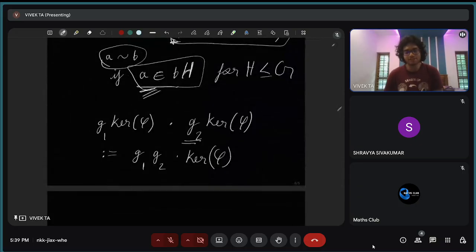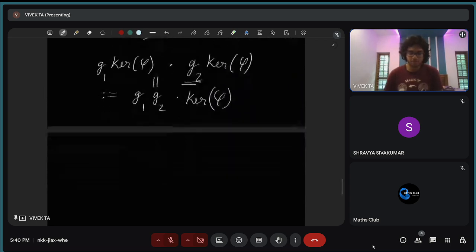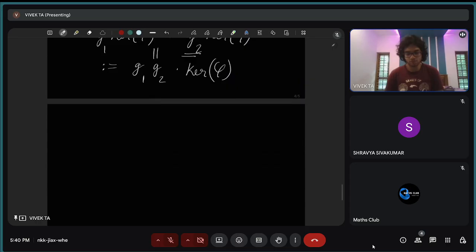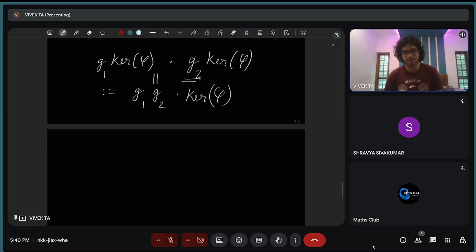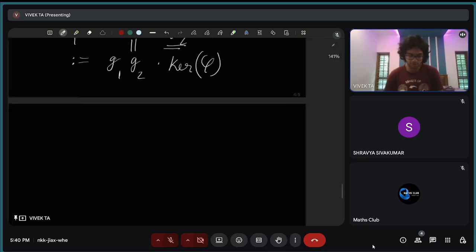If I had a random object here and I applied these two, let's say if I took a different element, it might not give me the same value. Essentially, I want to define this as a function. And as we know, a function can't take two outputs as value, right? One element gives you one value. One element can't give you two values. So that is why we want to see if this thing is well defined. In the sense, we want to see if this is a function or not.